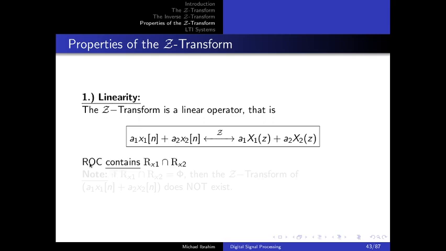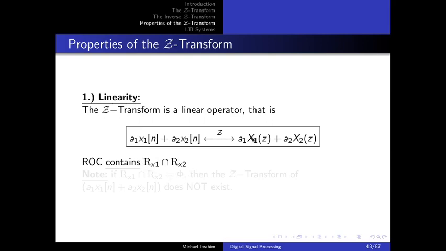The ROC of the new Z transform contains the intersection of Rx1 and Rx2, Rx1 being the ROC for x1 and Rx2 being the ROC of x2. So the ROC is simply the intersection of the two regions of convergence.